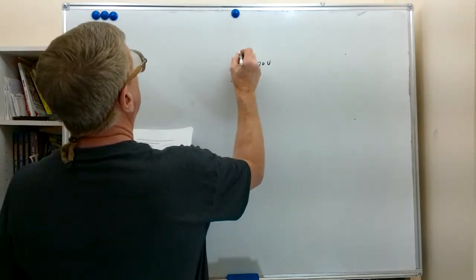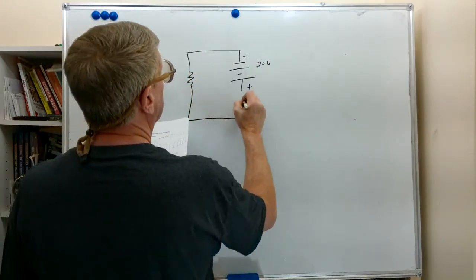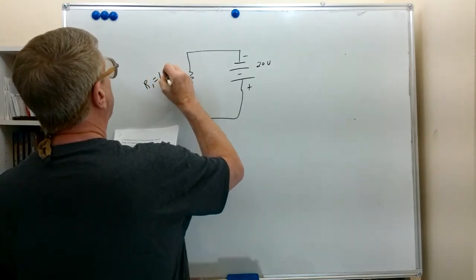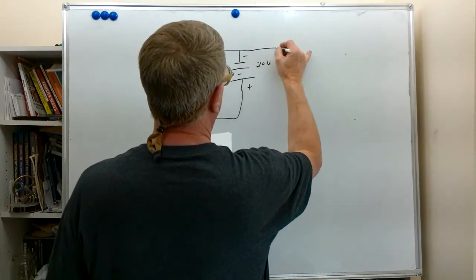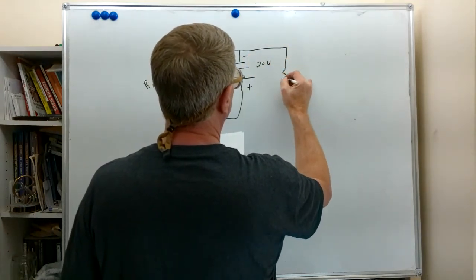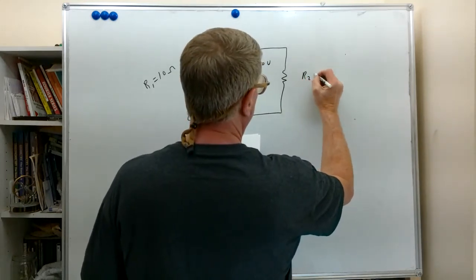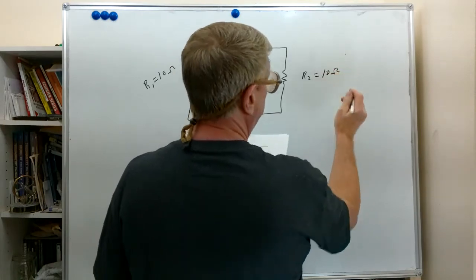We're going to have a resistor right here, and this will be R1 equal to 10 ohms. Another resistor here, we'll call this R2, also equal to 10 ohms.